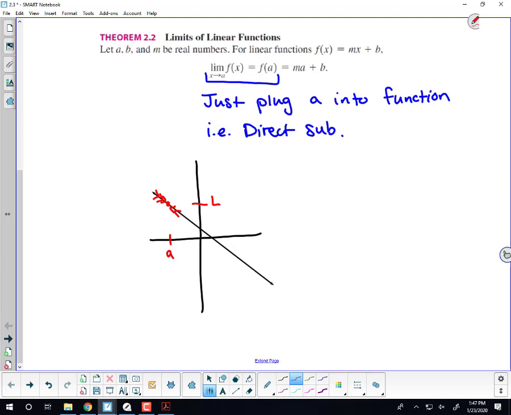We'll just call that L. No matter where you're at on that line, you can approach any x value from either direction. If I ask you what f of a is, you would just say f evaluated at a is just L, right? We've already seen that the function value and the limit aren't always the same, but on a linear function, the limit and the function value are the same.